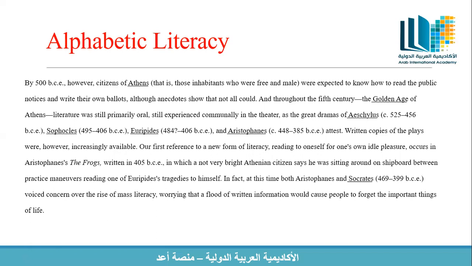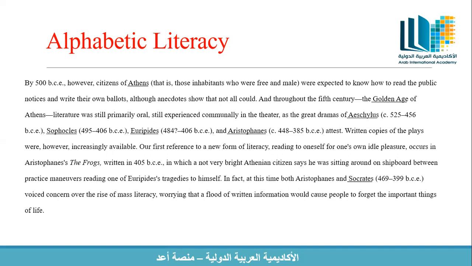And throughout the 5th century, the golden age of Athens, literature was still primarily oral, still experienced commonly in the theater, as the great dramas of Aeschylus, Sophocles, Euripides, and Aristophanes attest. Written copies of the plays were, however, increasingly available.